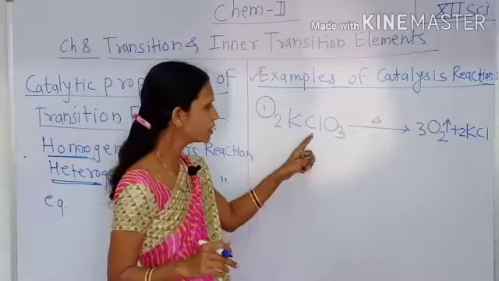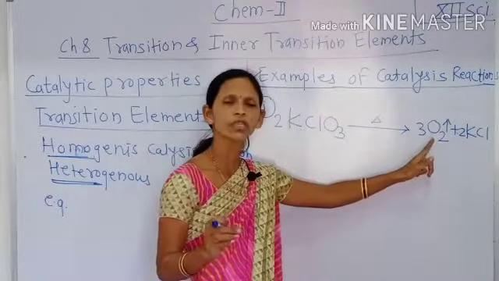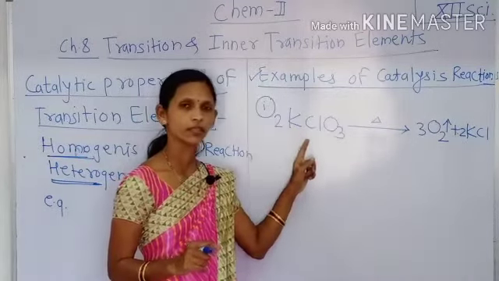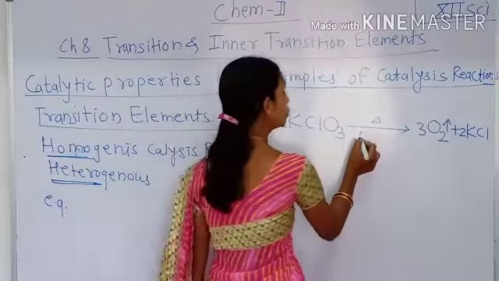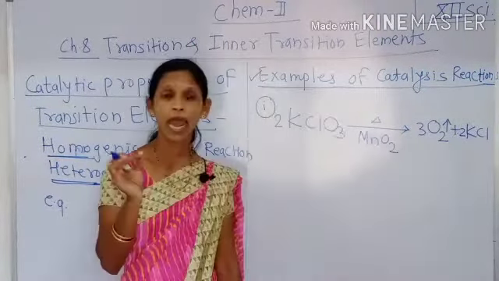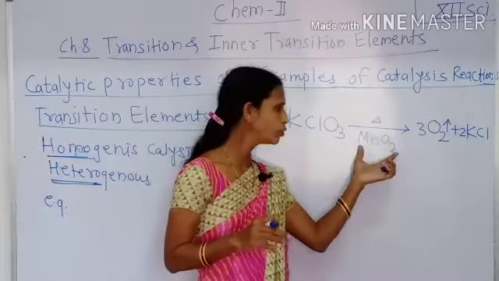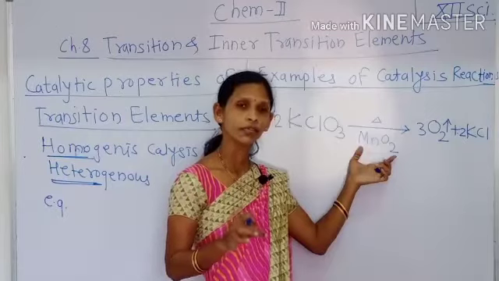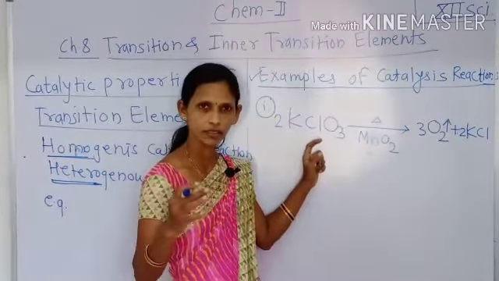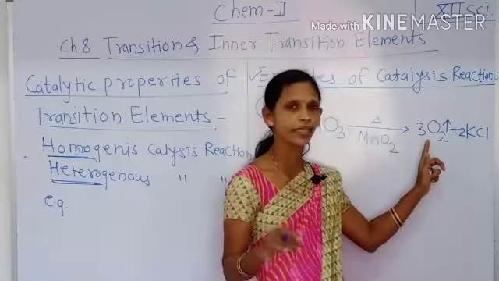In this process, if a catalyst is not used, then the production of oxygen is very less. In this reaction, if MnO2, that is manganese dioxide, which is a black colored powder in pulverized form, is used as a catalyst, then the rate of this reaction increases and larger production of oxygen takes place.